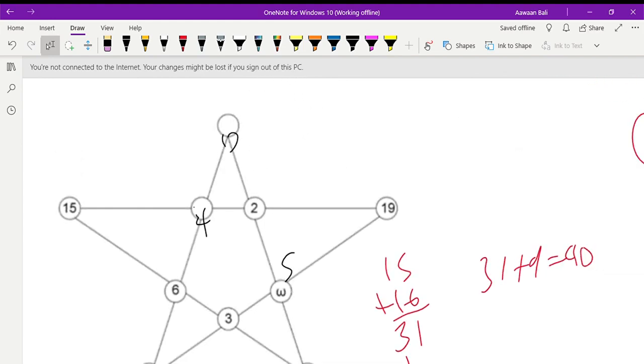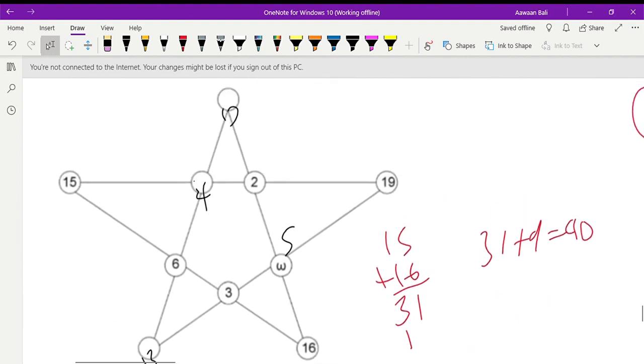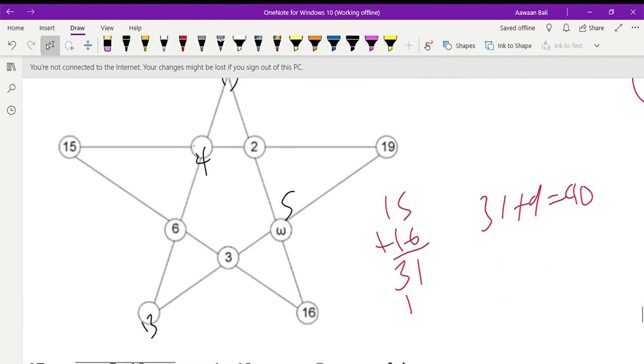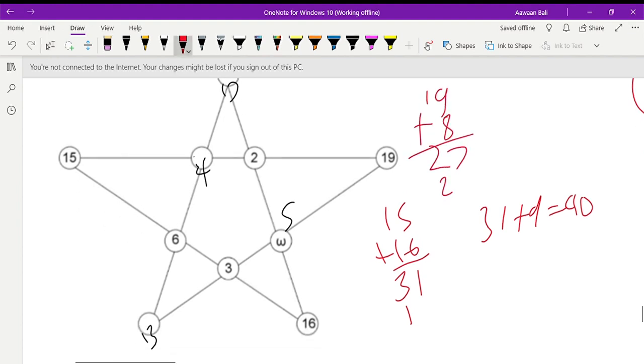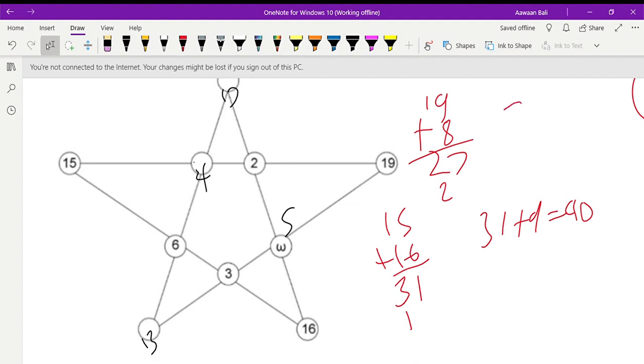So once we have this as 5, we have 3 plus 5, 8 plus 19. So 19 plus 8, 27. So now that means 27 plus 13 gives us 40.